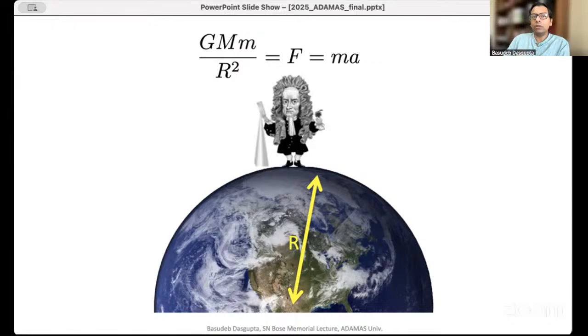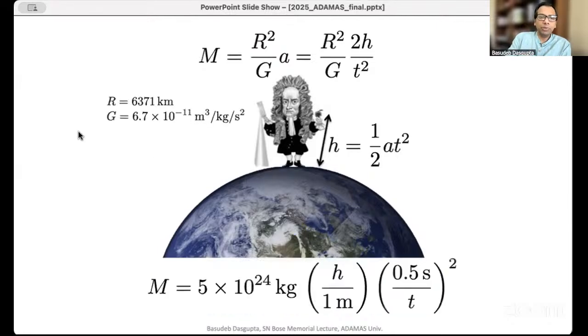But what this allows us to do, if you know Newton's constant, and if you know what the radius r is, for example, you can simply write down that this mass goes as this r squared by G Newton times the acceleration of this apple as it falls down.